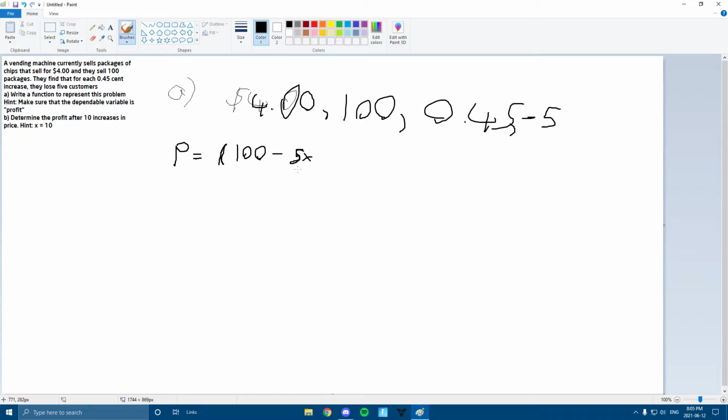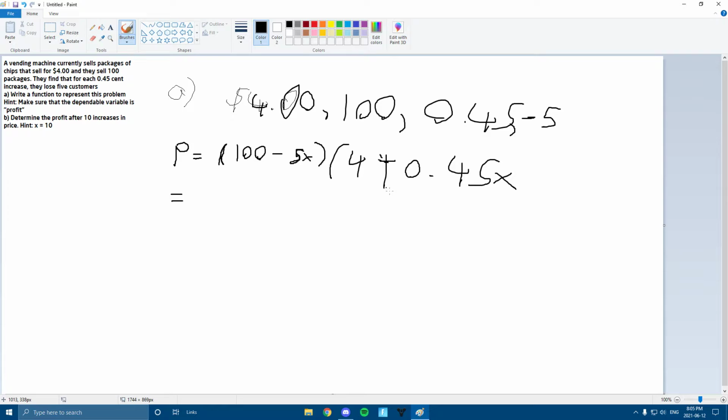We close the bracket and open another one, and we add the 4, just the number 4. Then we add 0.45 with an x. After this, we write an equal sign and solve.